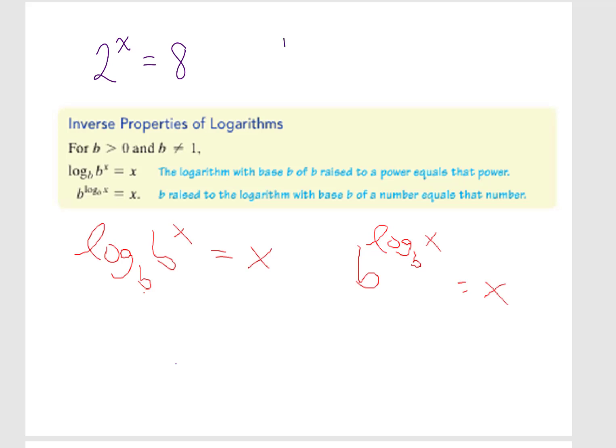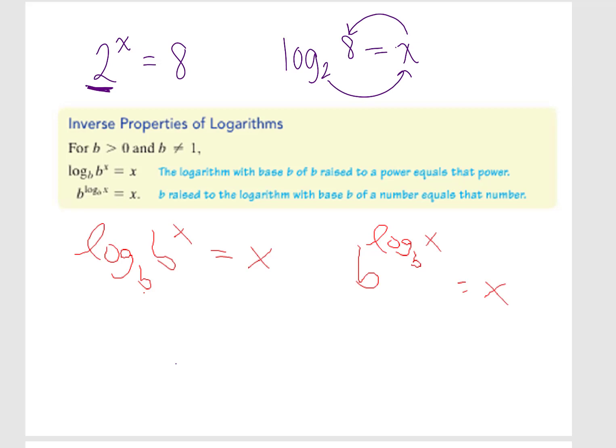And if I was to write it in logarithmic form, I'd say log base 2. So base 2, that's my base, right? It's big over here, but it's still the base in my logarithmic form. 2 raised to the x power equals 8.